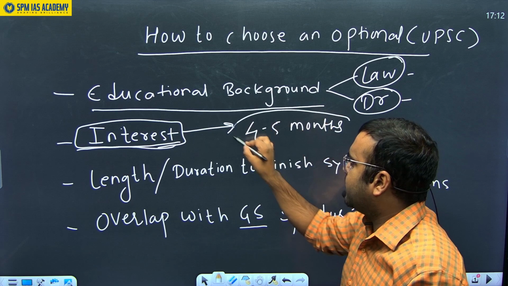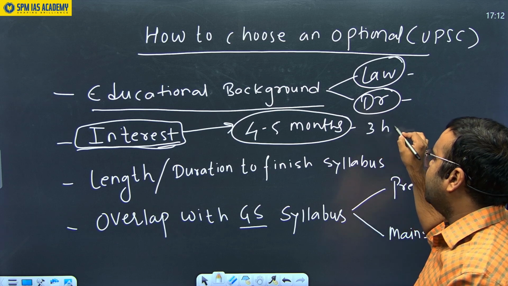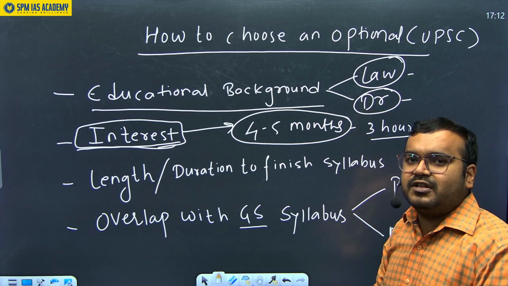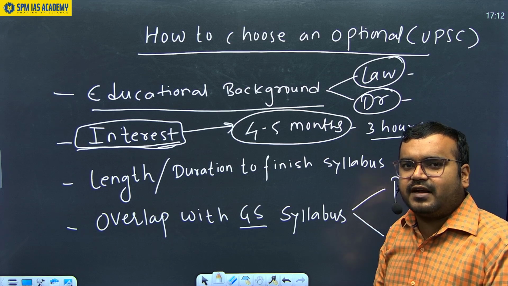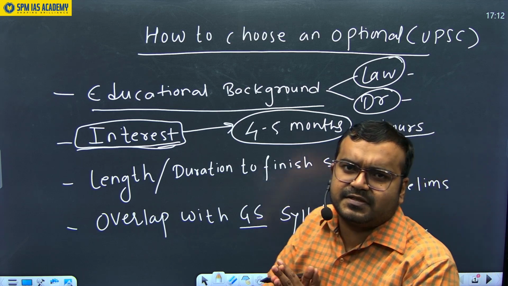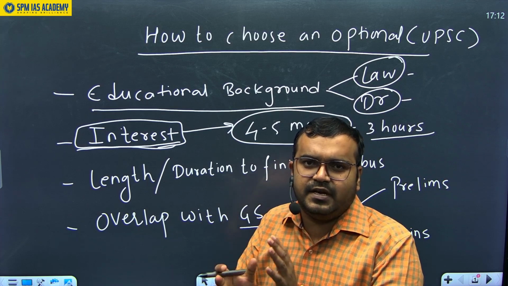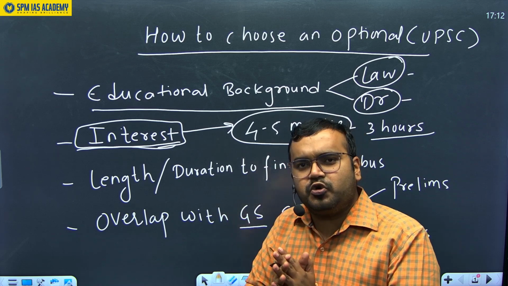This is with respect to your classes, that is around 3 hours every day. Apart from that, you will also need to study the same optional for around 6 to 7 hours on a daily basis while you are preparing for your mains examination, right? So this interest will play a very crucial role.